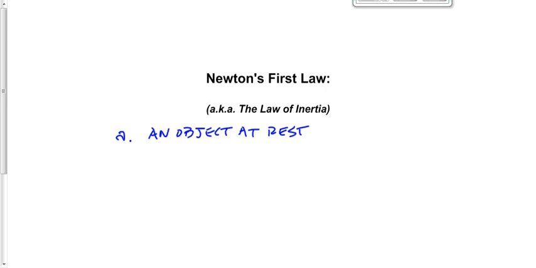Finish that sentence for me. Stays at rest. Until, you guys didn't finish it for me, not until a force acts on it, until an unbalanced or a net force. You can say either one. Until an unbalanced force acts on it.